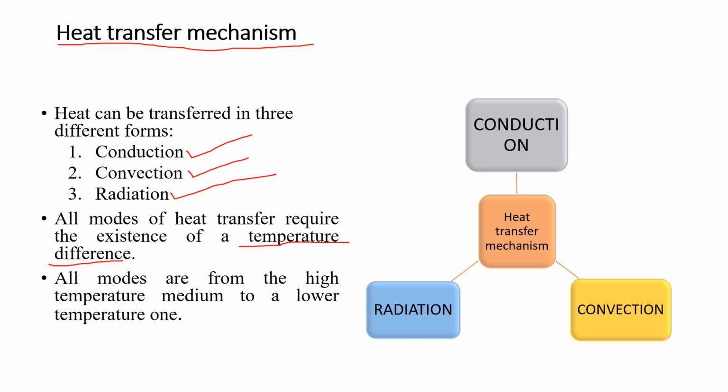And one more important point is that all the modes of heat transfer are from the high temperature medium to the low temperature one. In this module, we are going to study what is conduction, convection, radiation. I'll just give you the basic information, and in upcoming modules, we will study each and every mode of heat transfer in detail.